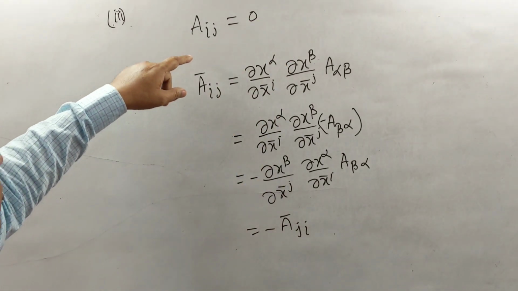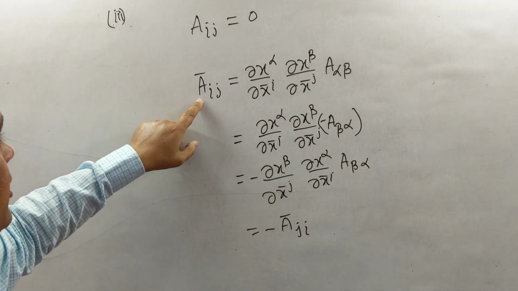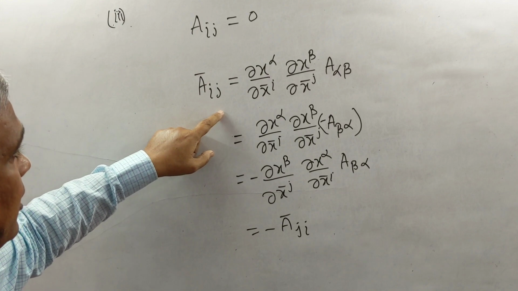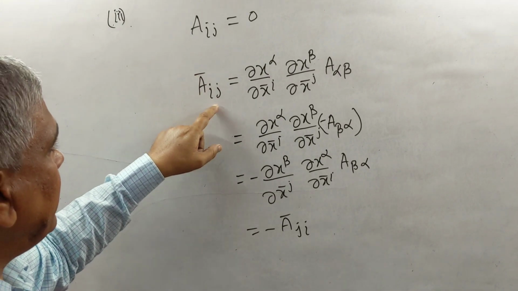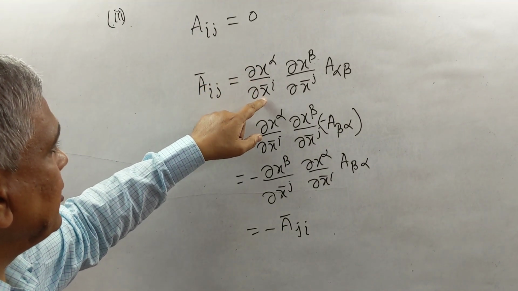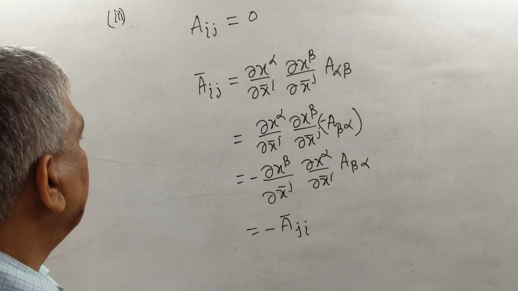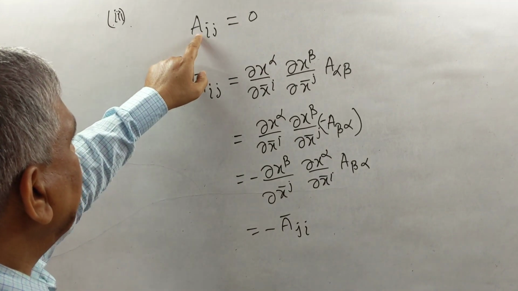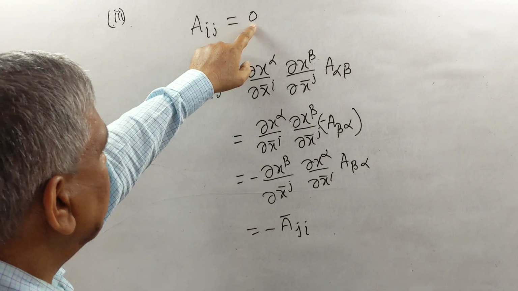The corresponding value of A ij in X bar system of coordinates is A bar ij. According to the tensor law of transformation, A bar ij equal to del x alpha by del x bar i, del x beta by del x bar j, A alpha beta. Here given that A ij equal to 0, that means A alpha beta equal to 0.